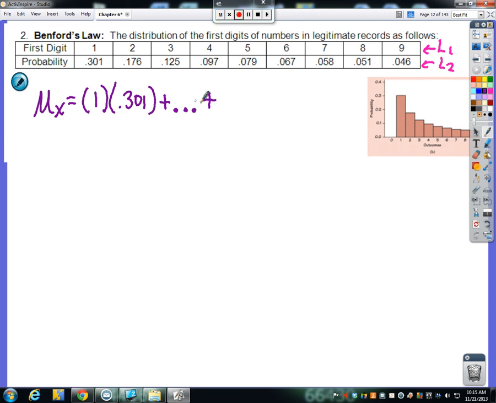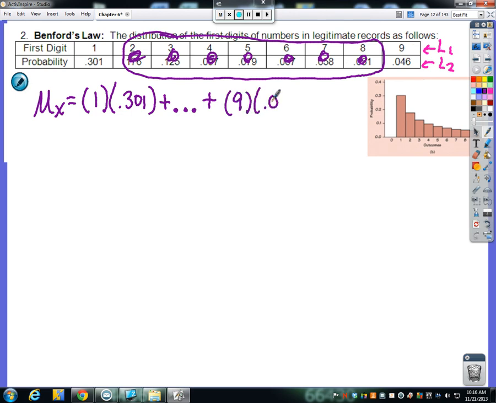We're going to do plus dot dot dot, so we're skipping over all of this. And then we're going to go to the last part. The individual value was 9, and the probability was 0.046. This is what I would call the abbreviated work.